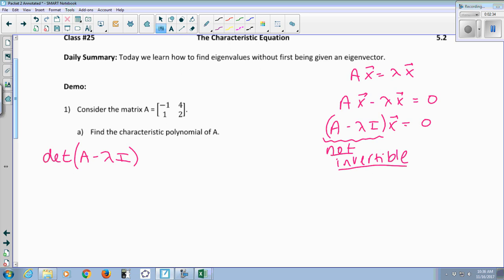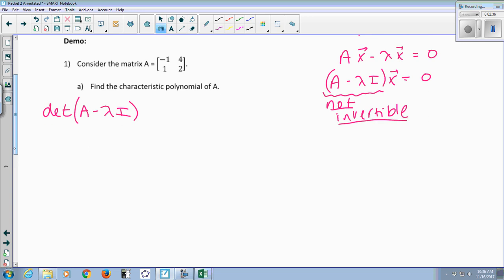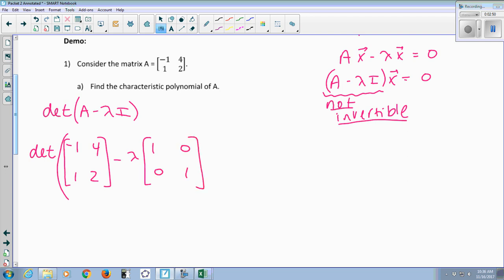So the determinant of A minus lambda I. A is -1, 4, 1, 2. Lambda times I, which is 1, 0, 0, 1 in this case.